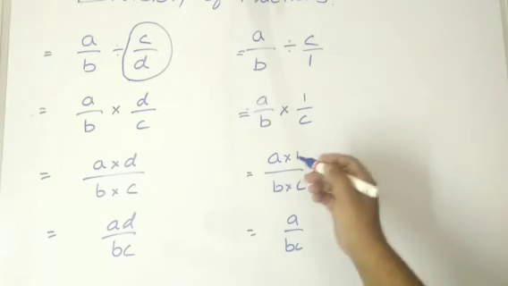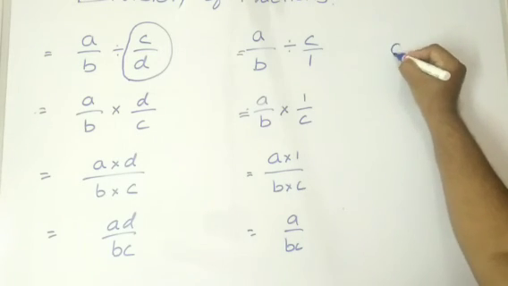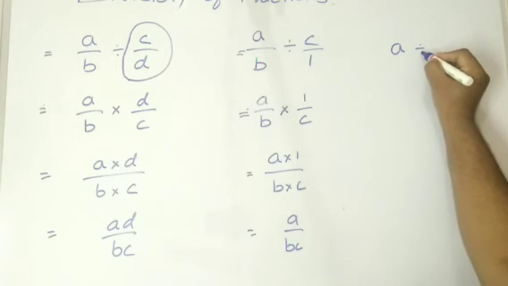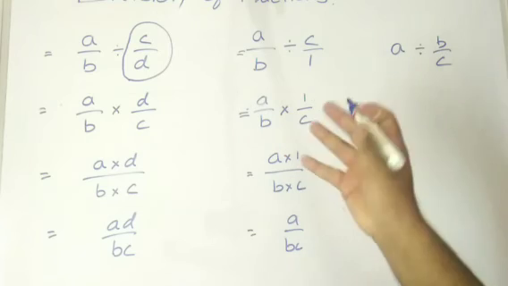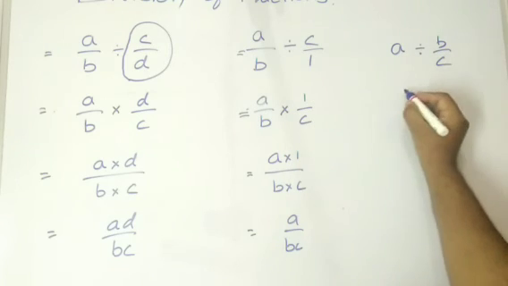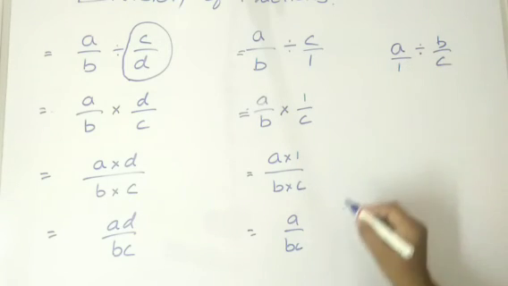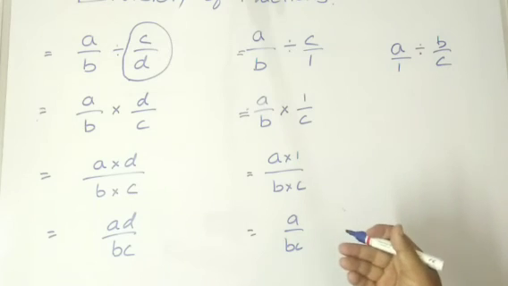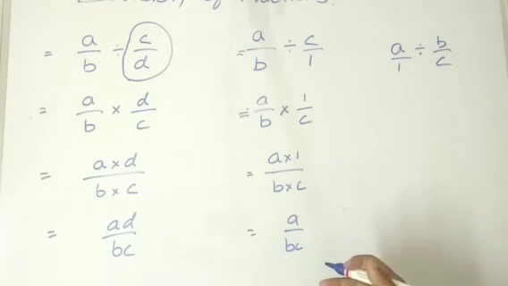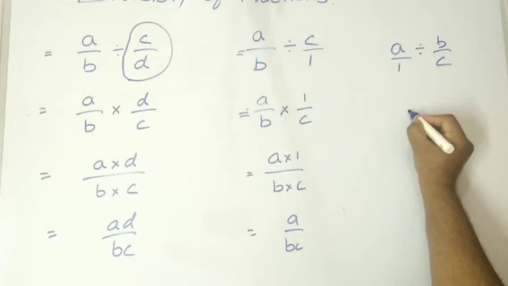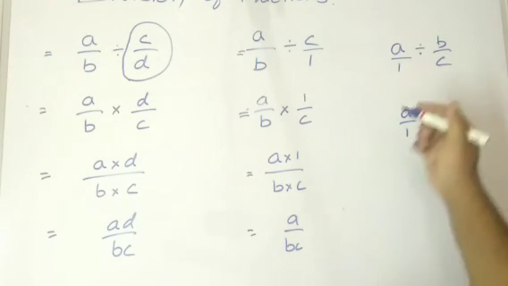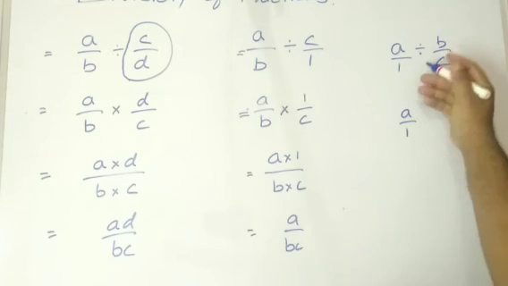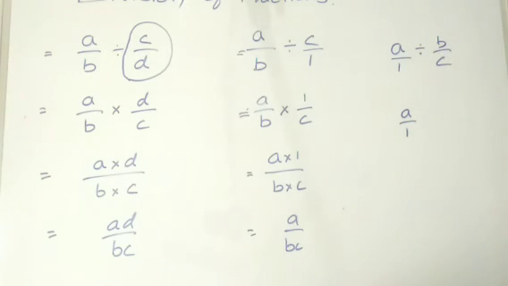Okay. Suppose first only an integer, afterwards a fraction. So reverse case. Okay. It's a third one. See now, can I keep divided by 1? If any integer by 1, there is no change in its value. So now a by 1. Here you want to remember, some people will do this one reverse, 1 by a. It's wrong entirely.